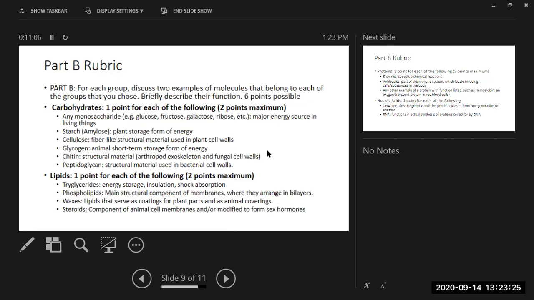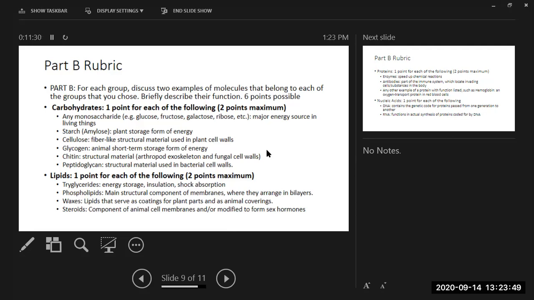If all you said was glucose, that's it, you didn't do the second part. I'm not going to have anyone call themselves out on that, but I know that there are some in this room that didn't read the second part, or they didn't do it. There's a lesson to be learned in every mistake.